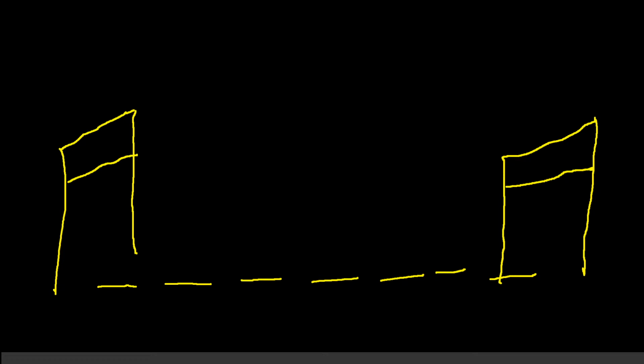Our starting line is a particular number. It could be 0, it could be 1, it could be 2, it could be whatever number we want it to be. Our finish line is some number in the future, right? It could be 10, it could be whatever.